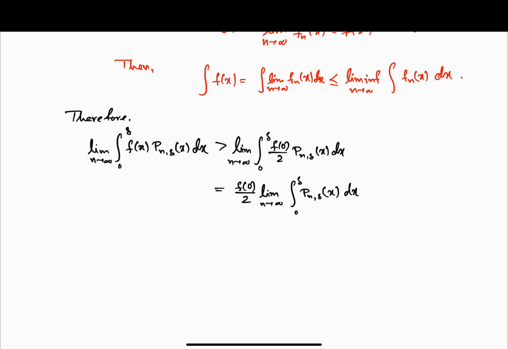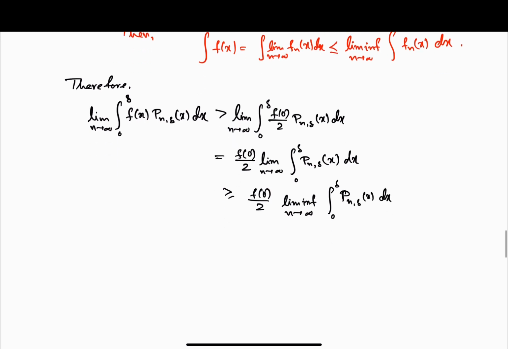And so this is bigger than or equal to f(0) by 2 times the limit n tends to infinity of the integral from 0 to delta of P_n,delta of x. So by Fatou's lemma the limit will go inside, the limit of P_n,delta of x, right. Here we have used Fatou's lemma.